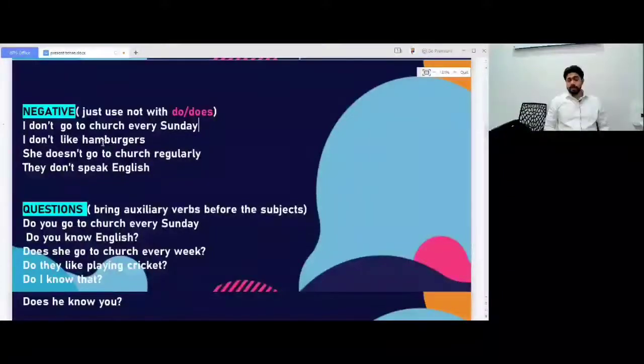In other words, I'll give you a trick to remember this. Actually, when you make a stative sentence, you say she likes burgers, she likes pizza. I said she is singular and likes is the verb.